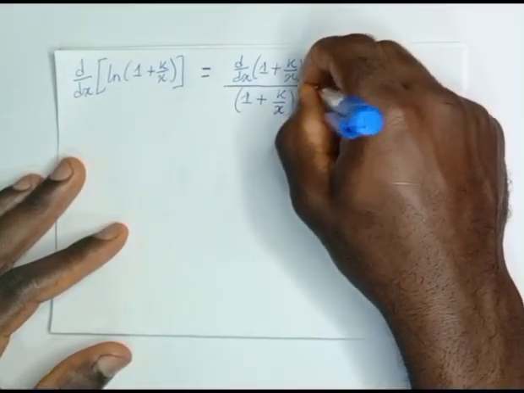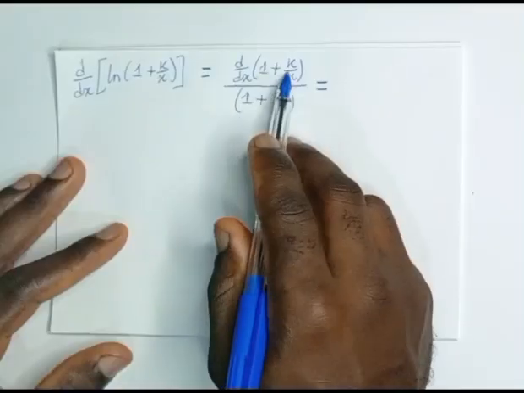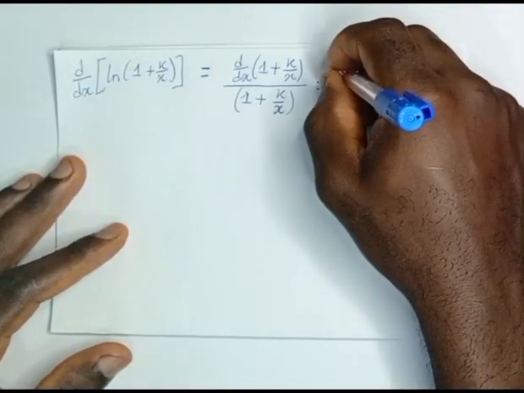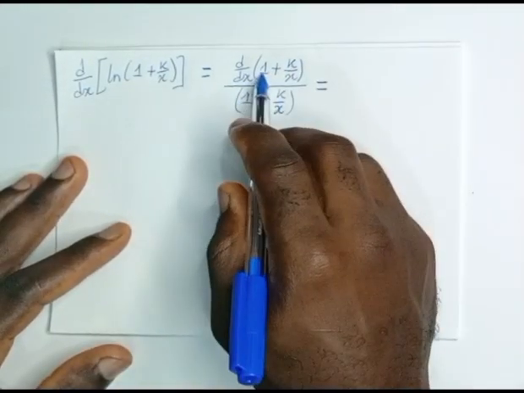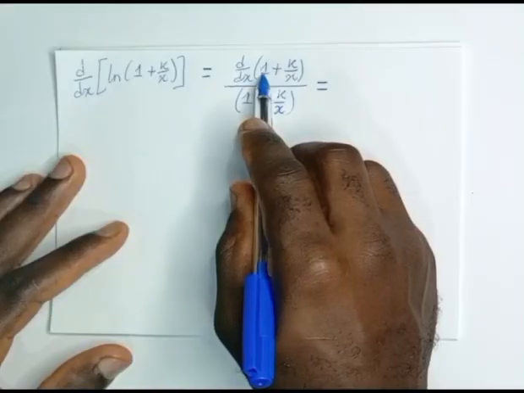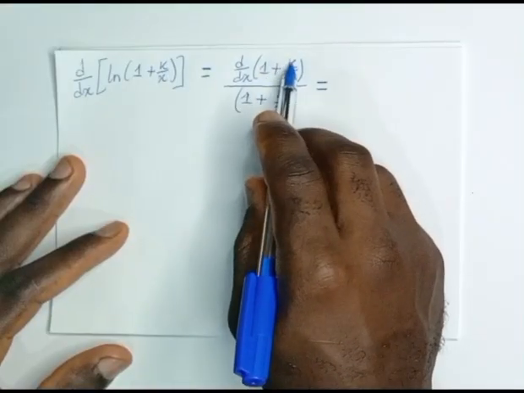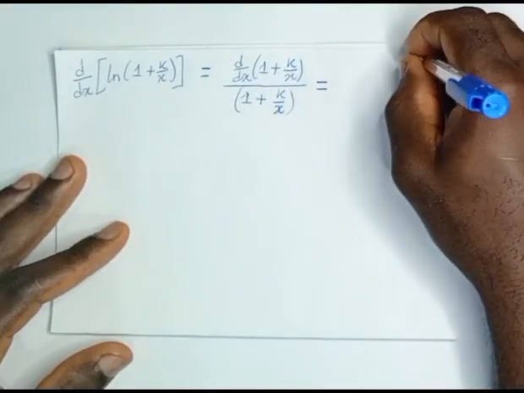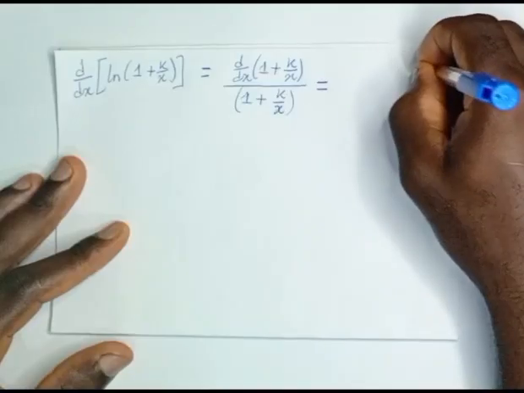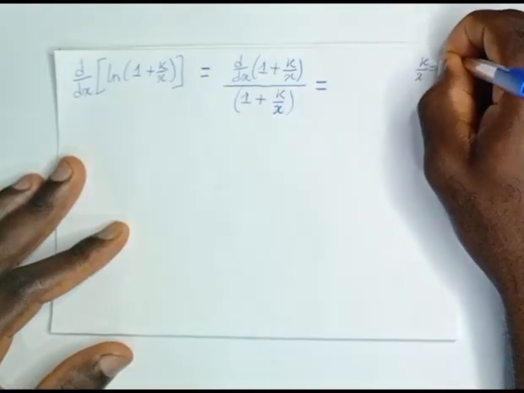The derivative of what we have in this bracket will simply be the derivative of 1, which gives us 0, plus the derivative of k over x. k over x is simply the same as k times x raised to the power negative 1.